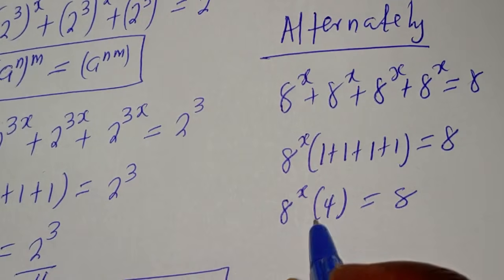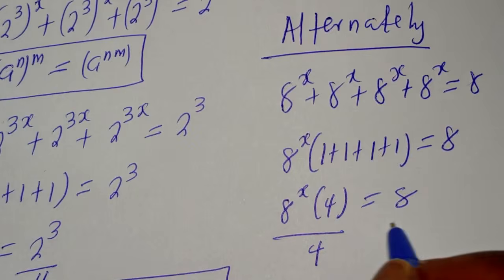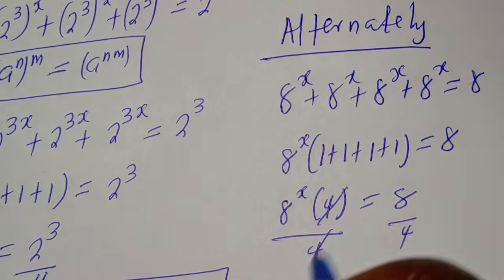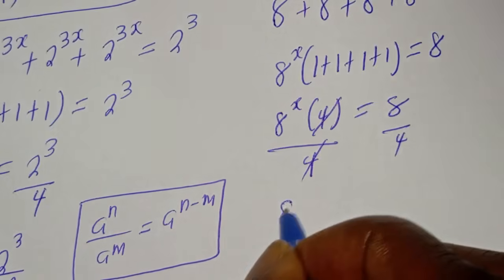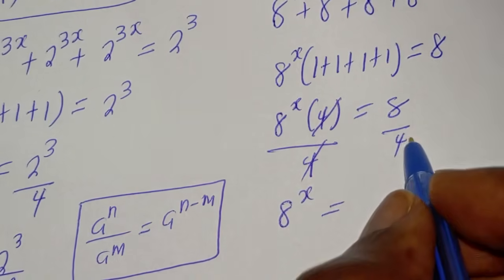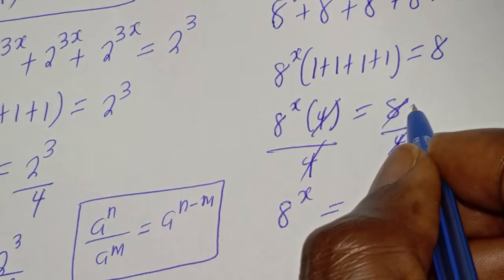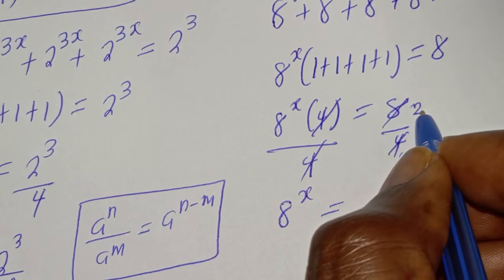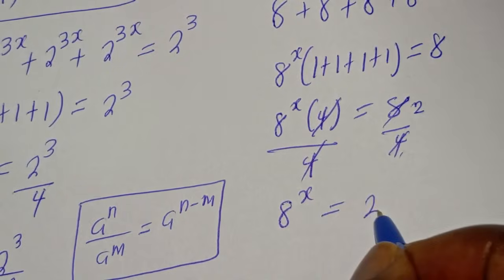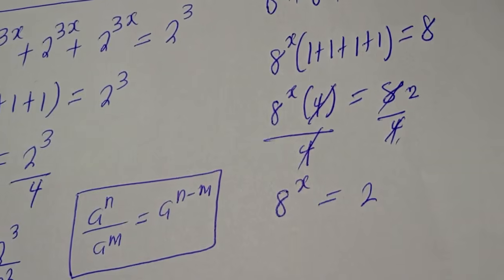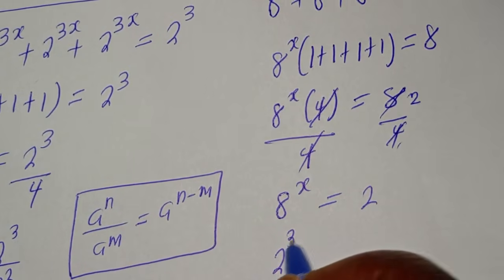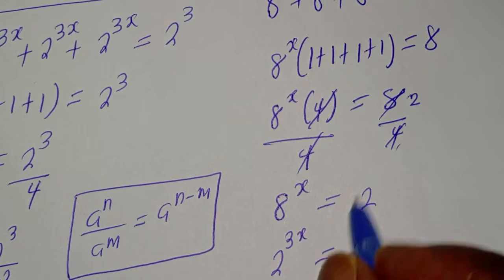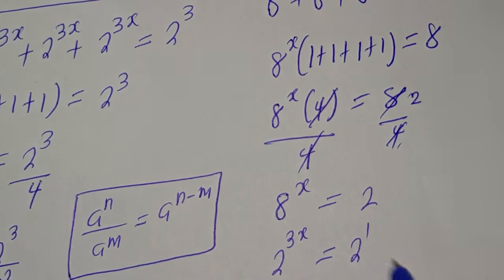Now let's divide both sides by 4. This will cancel this. 8 raised to power s is equal to 4 over 4 here is 1, 8 over 4 here is 2. Then this is 2 raised to power 3s is equal to the same thing as 2 raised to power 1.